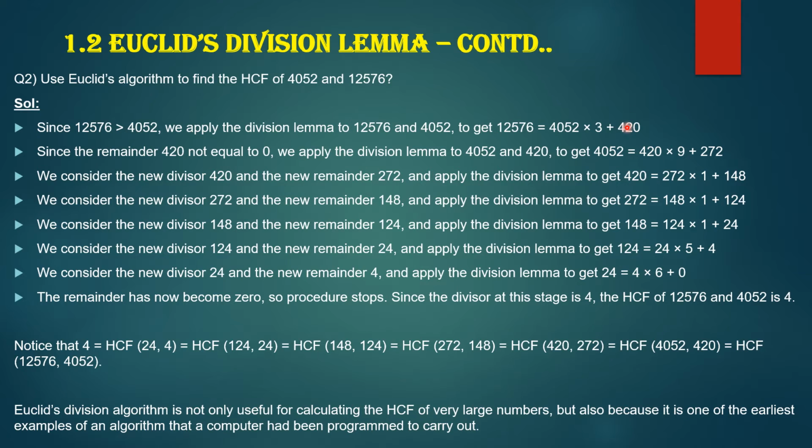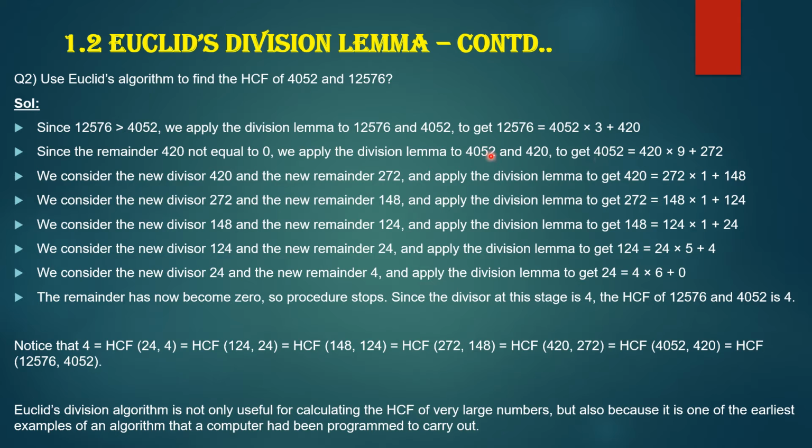Now if you try to recognize the initial examples that we were learning, a equal to bq plus r, we will keep on applying the division lemma on b and r until our remainder becomes 0.